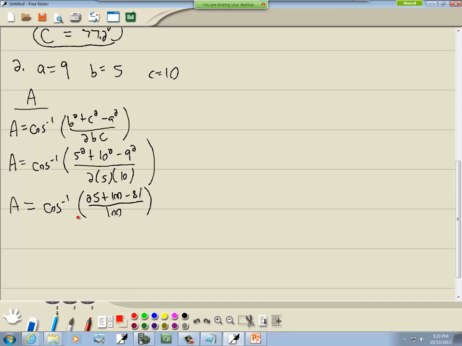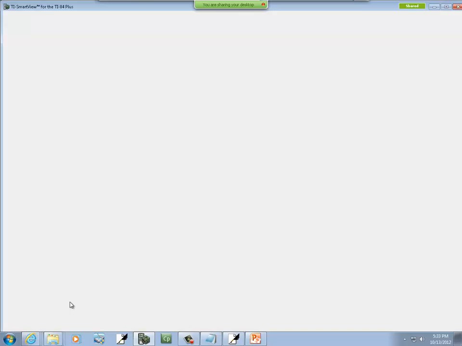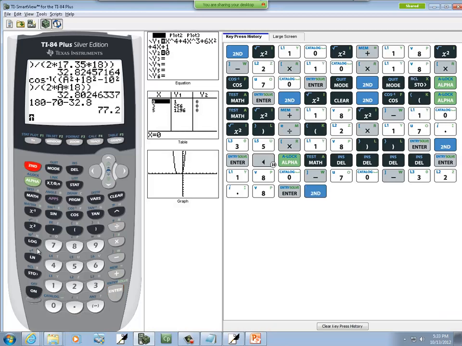The key to plugging this in is if you've got a fraction, and you've got more than a single number on top and or bottom, you have to put parentheses around that top or bottom. Well, we've got more than a single number up here, so I'll put parentheses around that. Okay, let's plug this in our calculator. So I'm going to do inverse cosine.